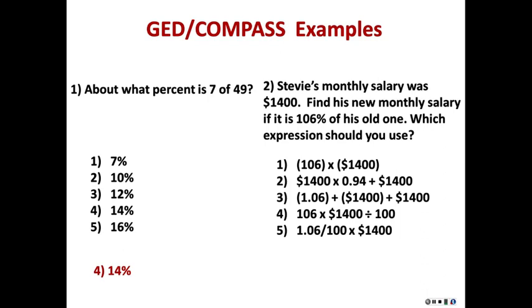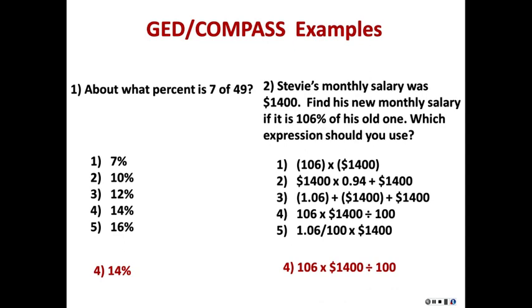You think it's number 4? Anybody else think it's number 4? If you were to set it up, 106 over 100 is equal to I don't know over 1,400. I think number 4 is a good answer.